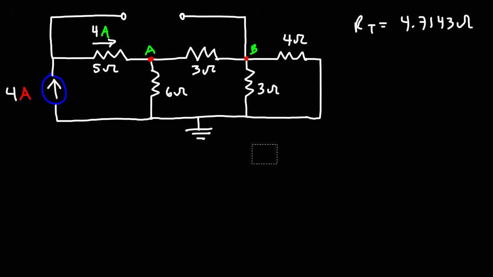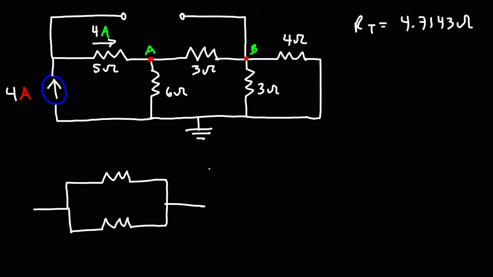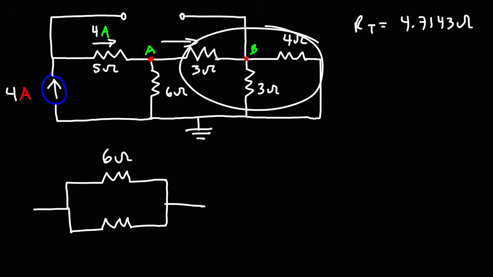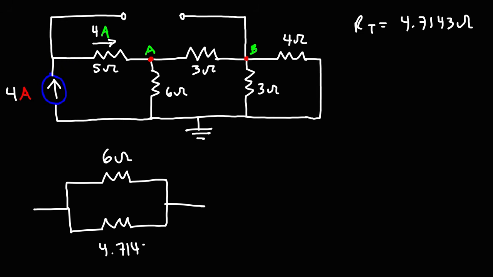So now, using our current divider circuit, once the 4 amp current reaches point A, it has 2 ways it can go. It can go through the 6 ohm resistor, or it could travel through this network with an equivalent resistance of 4.7143.